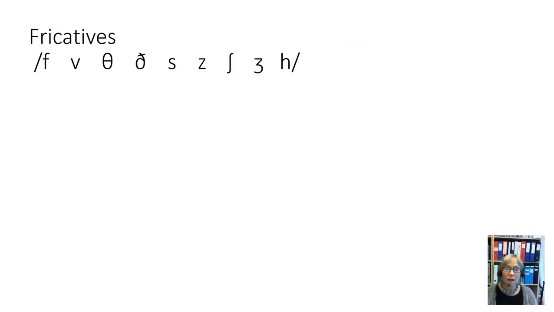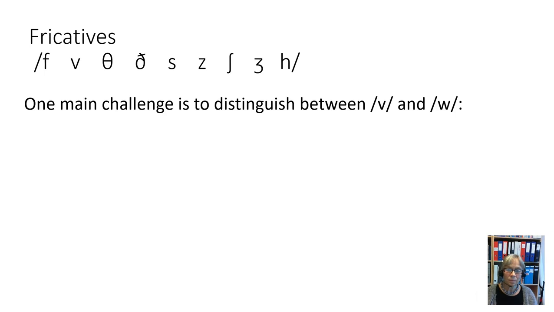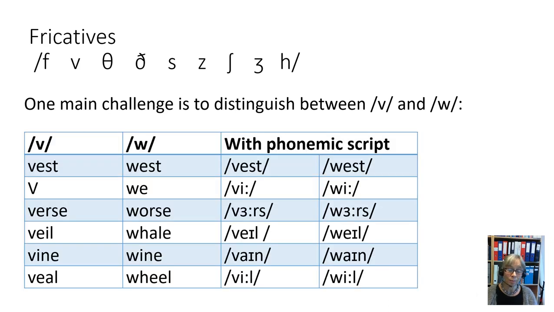Lenis. Now, fricatives. The one main challenge here is to distinguish between v and w. Many Norwegians aren't aware that there are two sounds. There are.